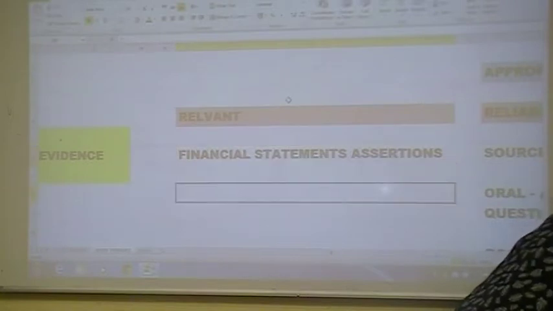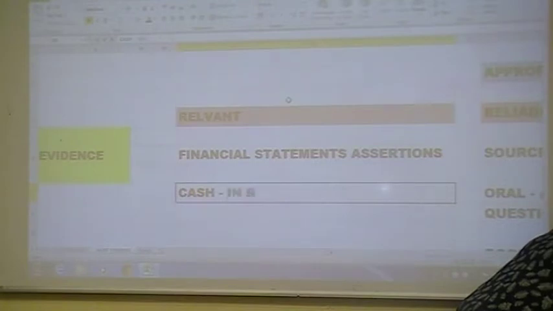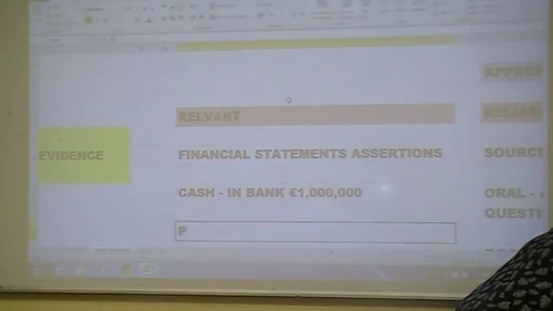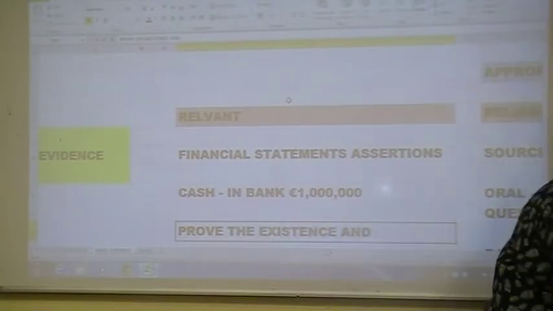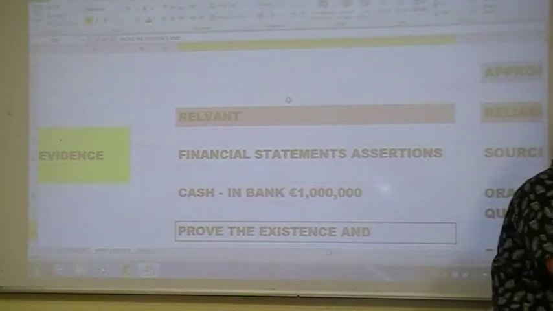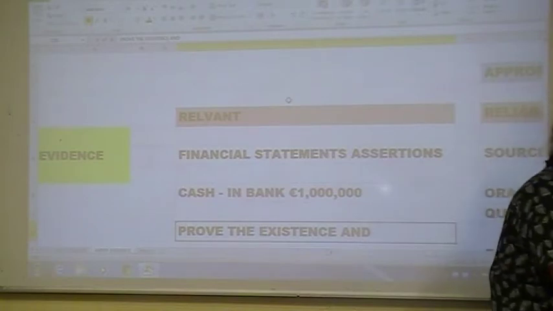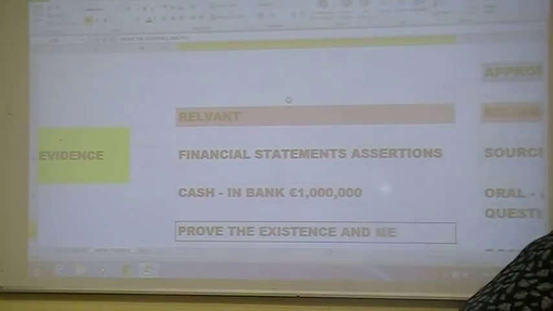So then, say you've got cash in bank, we'll say it was $1 million. We've got to prove the existence and the rights to it as well, wouldn't we? That it actually has that money, or measurement, even.